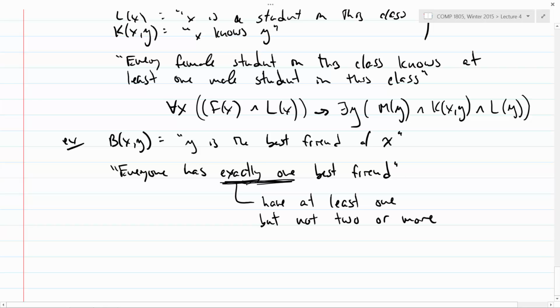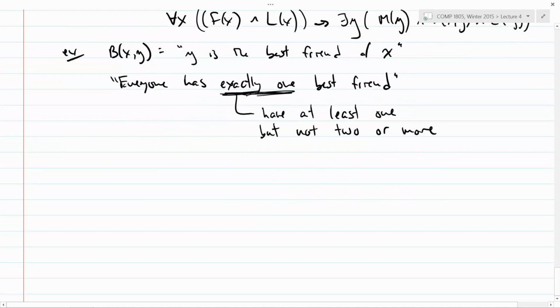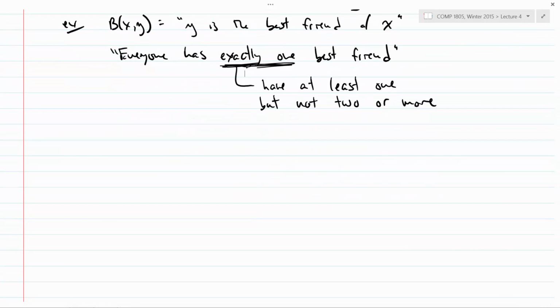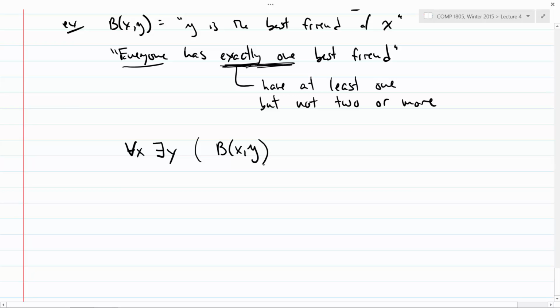That's important. So let's work through this. I'm saying something about everyone, so I'm going to have a for all. And if I'm saying they have a best friend, there exists a person Y such that they're best friends. So B(X, Y). Okay. And now I need to say that they don't have two or more friends. There's a couple of ways you can do this.